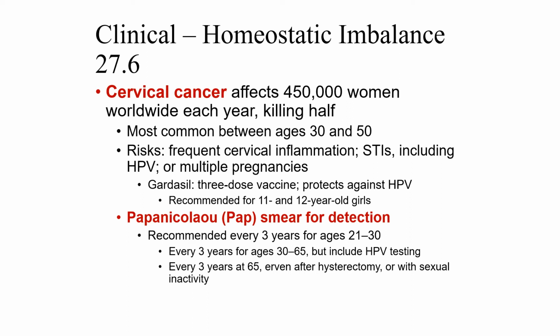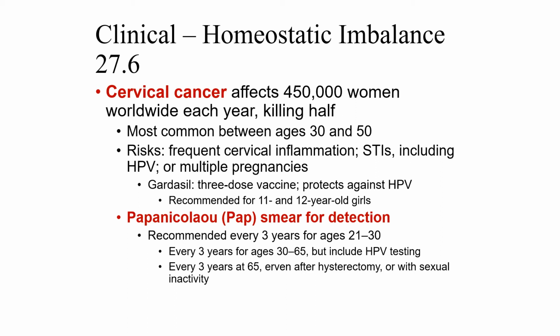All right. Now it says pap smear is recommended every 3 years, age 21 to 30. I think if you're sexually active, you might want to get checked once a year. Every 3 years, 30 to 65, but include HPV.